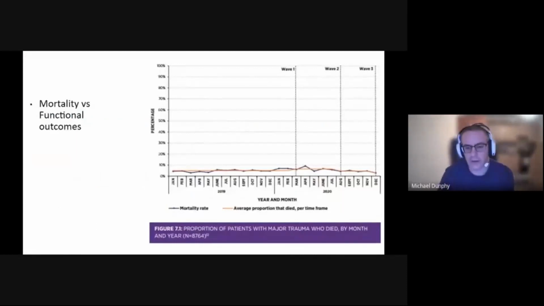But as I said, in terms of outcomes, mortality is a crude outcome. Survival is a crude outcome measure of quality. The space that we really want to get into in the major trauma audit is our functional outcomes and the quality of life outcomes for these patients. Because as you can see in the graph, only about 5% of the overall group of major trauma patients die.